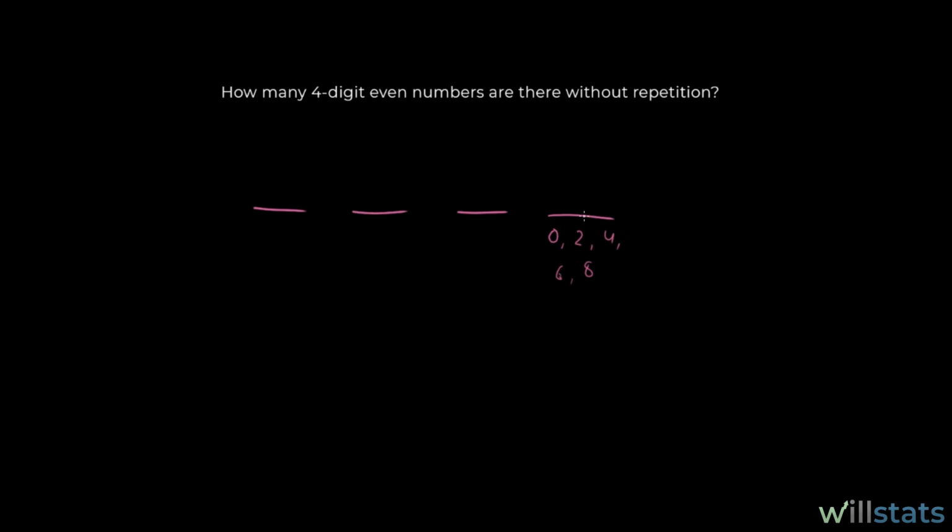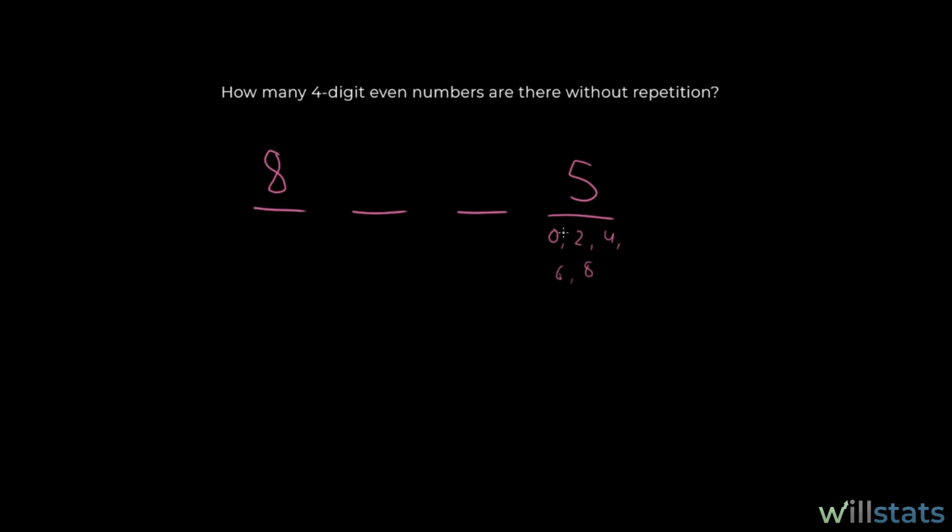So that looks like 5 possibilities for the last digit. Now, because there's no repetition, the first digit cannot be the same as the last digit. Previously, we said that there were 9 possibilities for the first digit when we were allowed repetition. Because it can't be the same as the last digit, there should be only 8 possible digits.